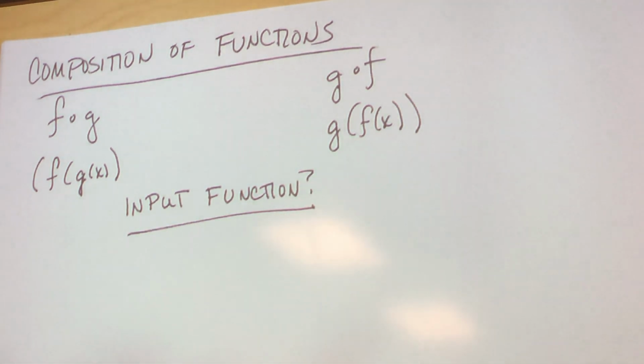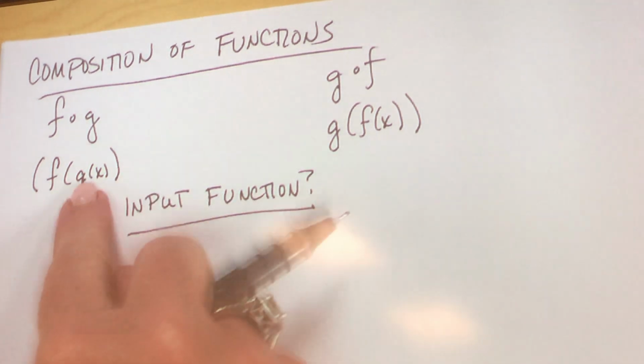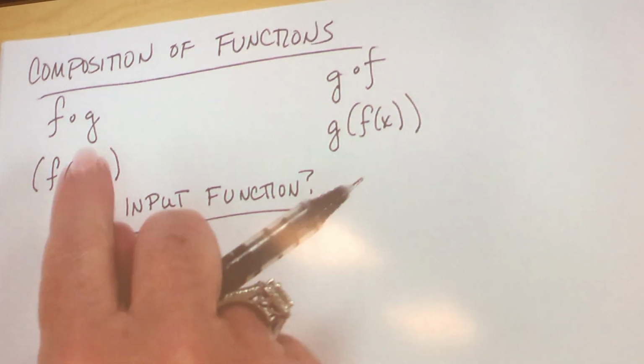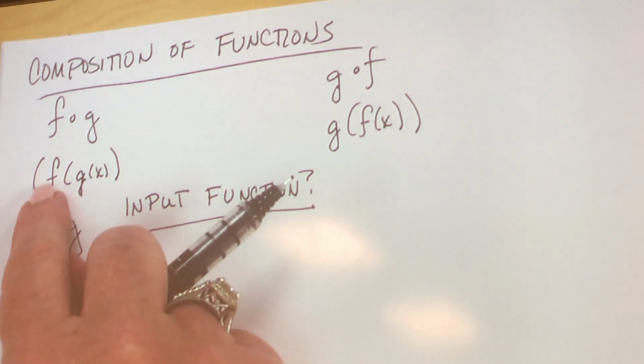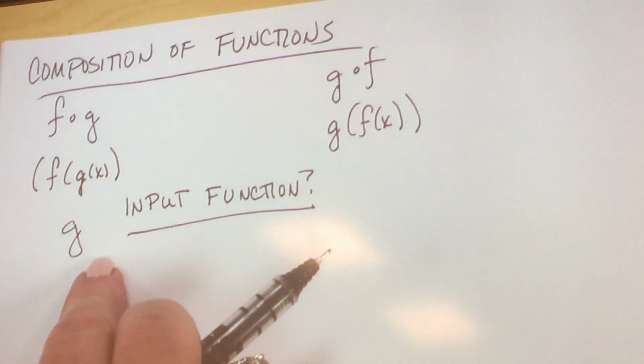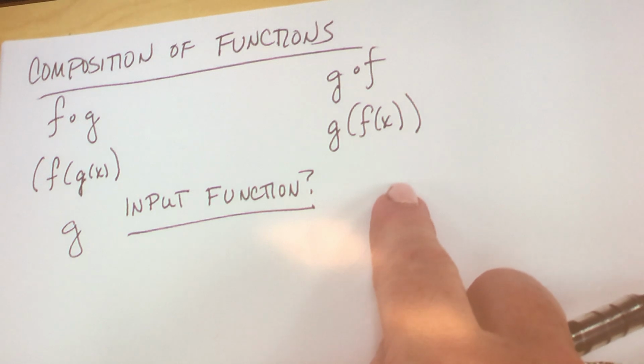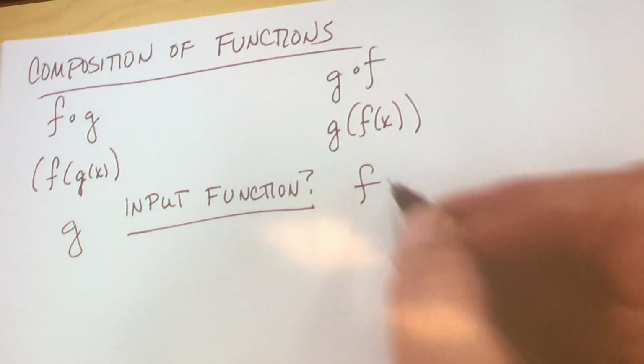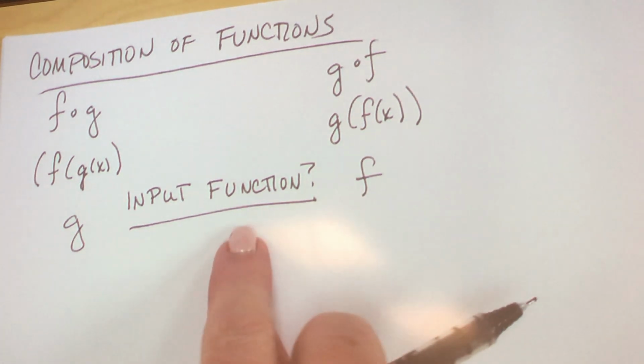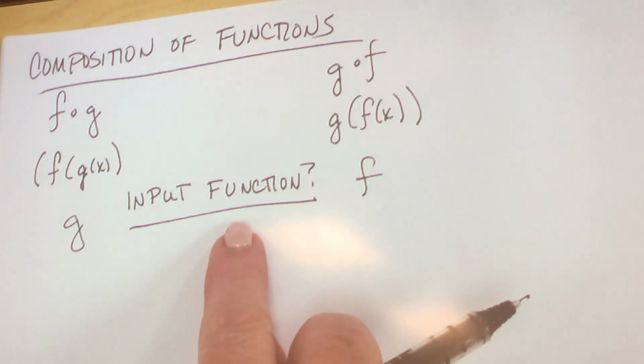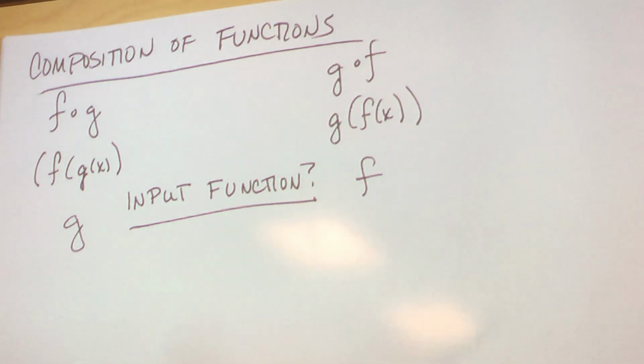Okay? Which one of these is the input function, the F or the G? G. He's input. You're putting him into F. Do you see what I'm saying? Over here, who's the input function? F. Okay? So, when I say input function, tell me another way that maybe you might say it easier.